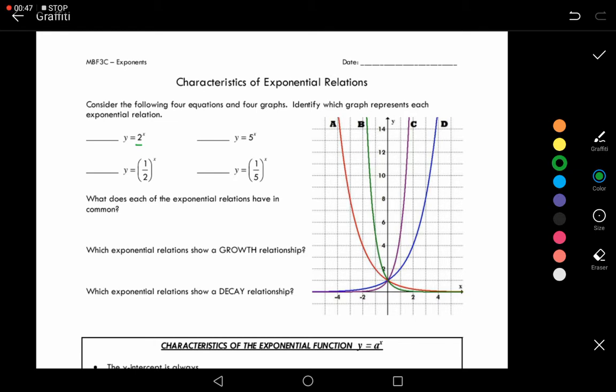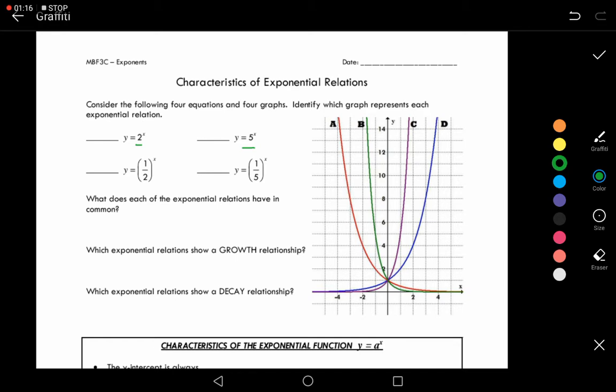Our increasing functions were with our positive whole numbers and gave us that J shape, whereas our decreasing functions were fractions and gave us that L shape. So the larger the value, the steeper the curve will get, right? The greater increase or decrease depending on the direction.